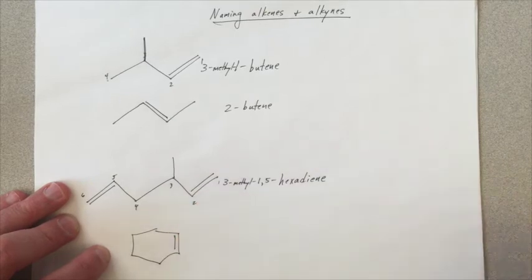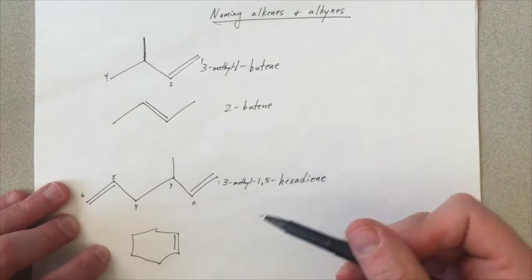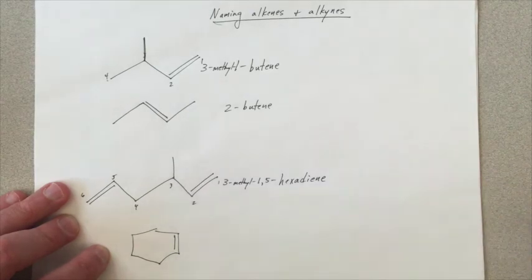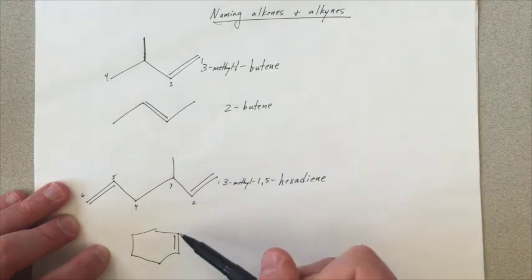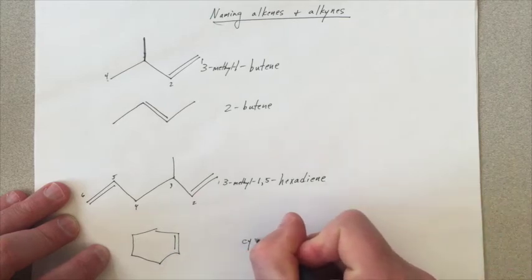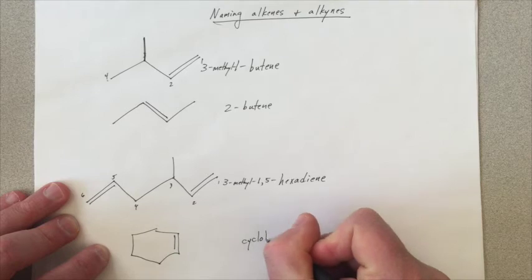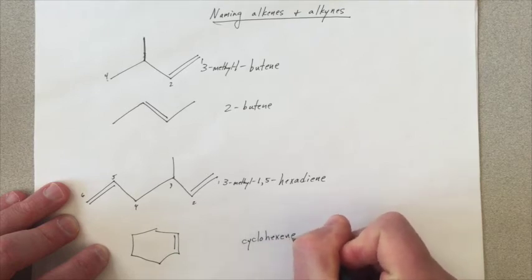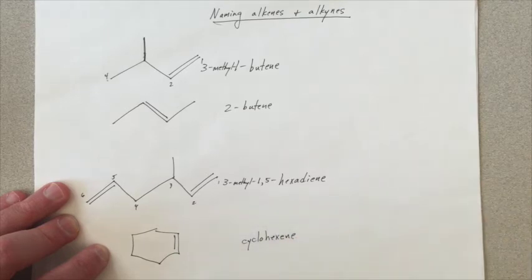Now, when you have rings, again, you have some choices about where your numbering system is going to start. Obviously, we want our alkene to be the lowest number here. This is a cyclohexane-based molecule, but it's not just cyclohexane, it's cyclohexene. And how am I going to number this?